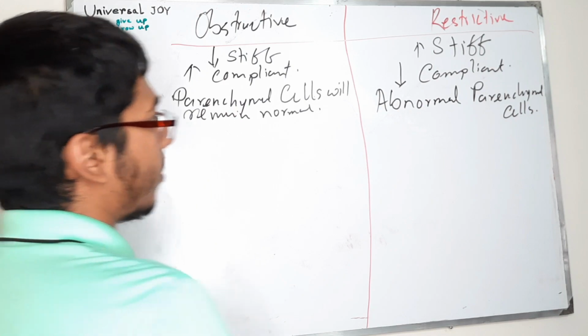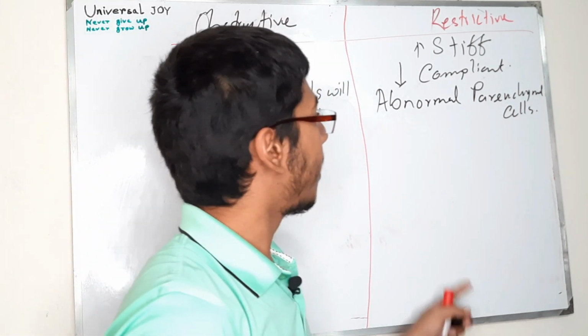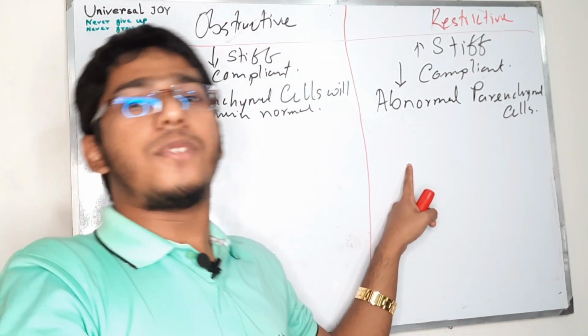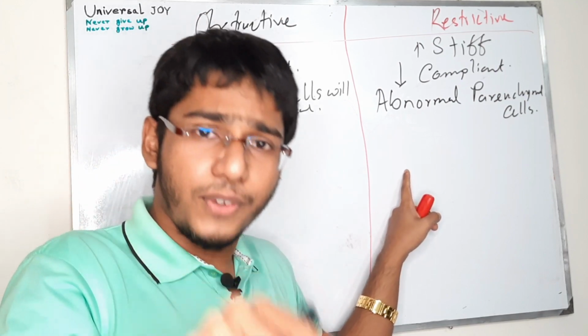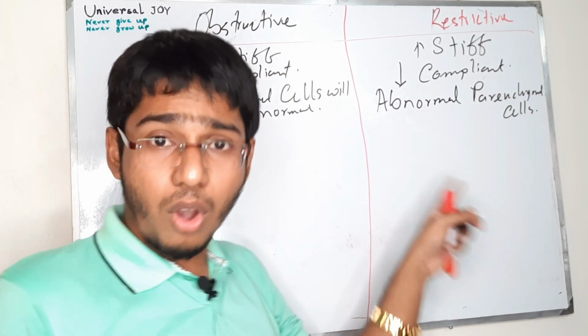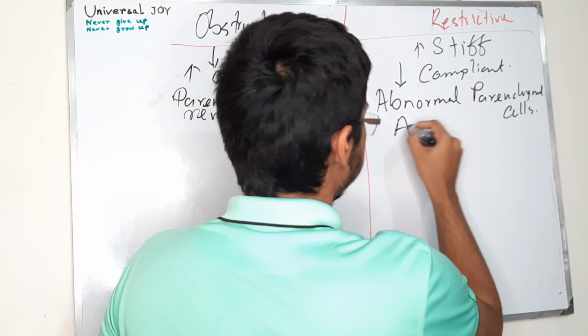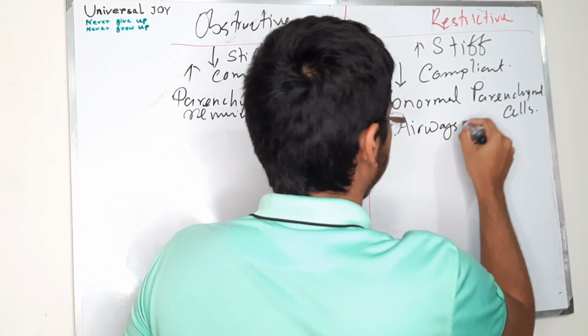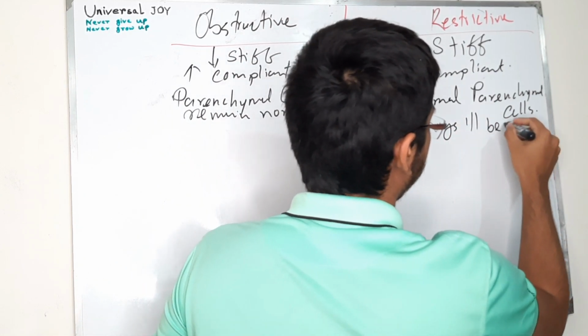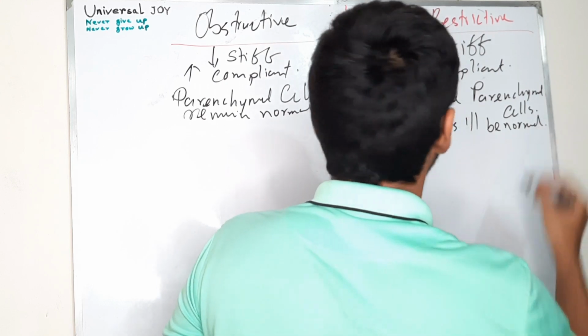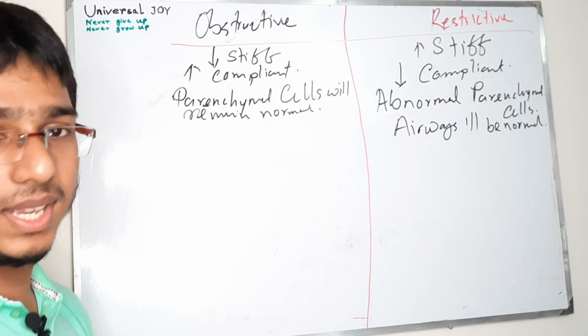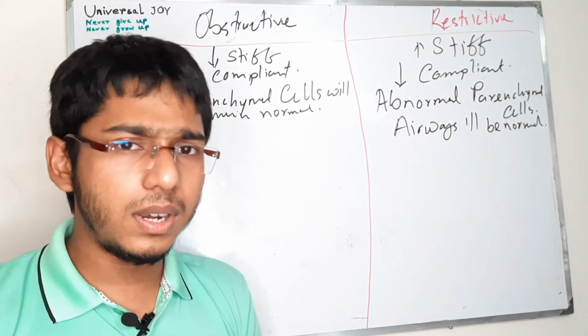Okay, but over here in the restrictive disease, will there be any kind of abnormality associated with the airway? Obviously no. So airways will be normal. Okay, but over here in the obstructive disease, will the airways be normal?